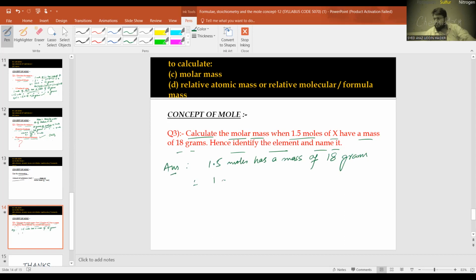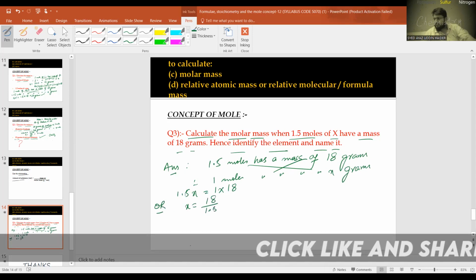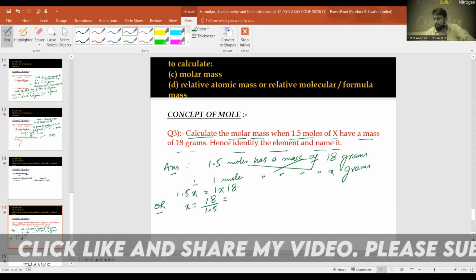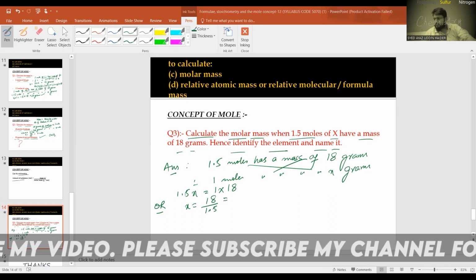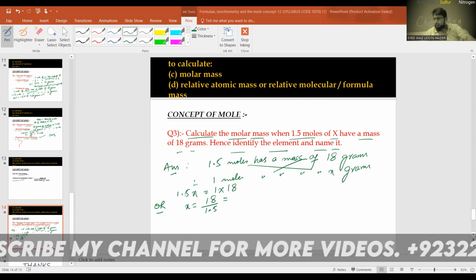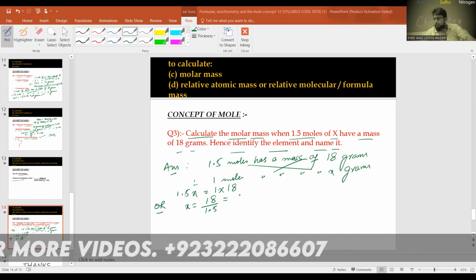Therefore, 1 mole has a mass of x grams. Do the cross, we will get 1.5 x is equal to 1 multiplied by 18, or x is equal to 18 divided by 1.5. 18 divided by 1.5, 12.